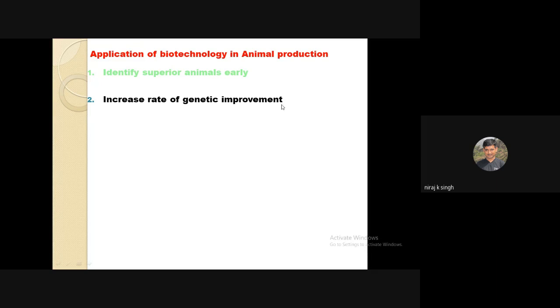But with biotechnological interventions, we can increase the rate of genetic improvement, especially in cattle. In India, there are religious issues. We cannot go for culling of cattle by slaughter. So with biotechnological intervention, we can bypass the selection of animals through slaughter or culling. So biotechnology also plays an important role in increasing the rate of genetic improvement.